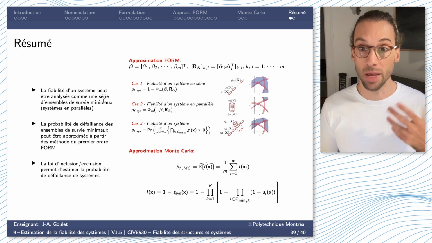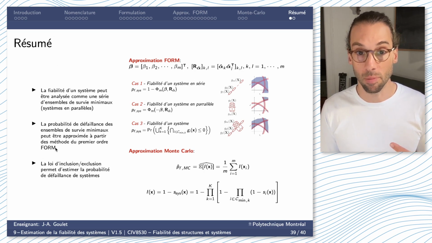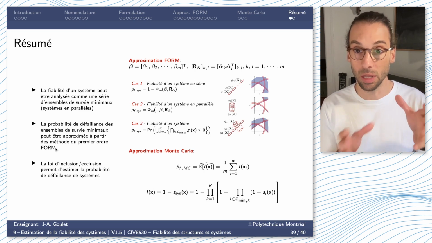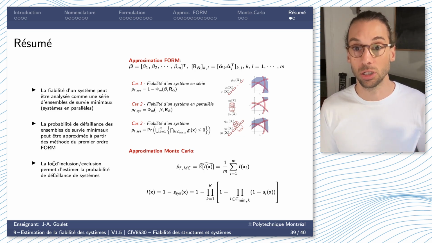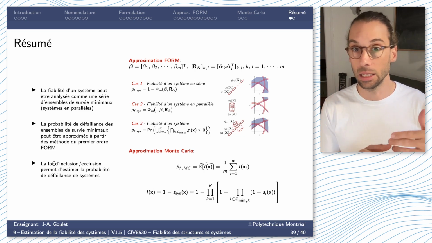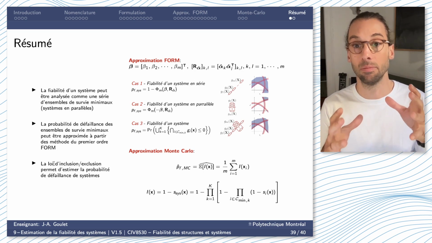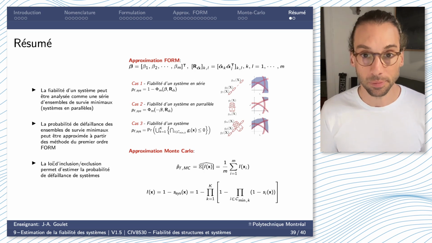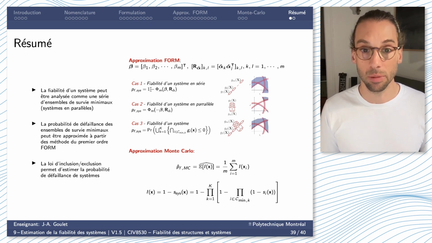And when we have a mix of components in parallel and in series, I can use the FORM approximation in parallel to obtain the probability of failure of different cut sets. And I'm going to use the inclusion-exclusion rule to obtain the probability of failure of my entire system by taking the sum of the probabilities of failure of cut sets, one by one, then pairs, then triplets, etc.